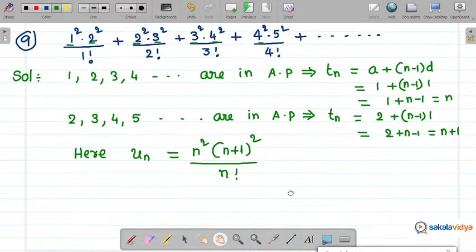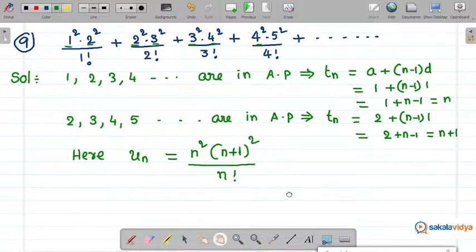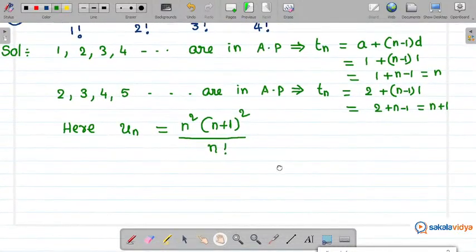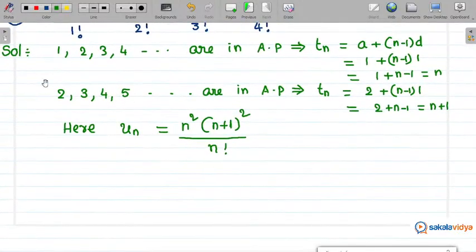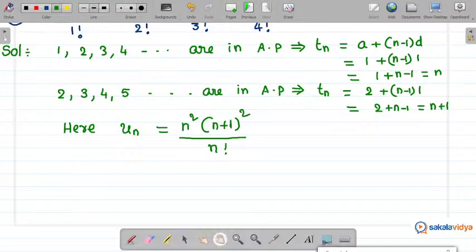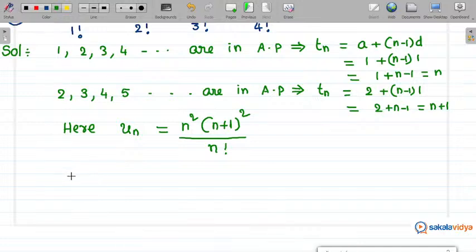So let us find out un plus 1. In the place of n, let us replace n plus 1.